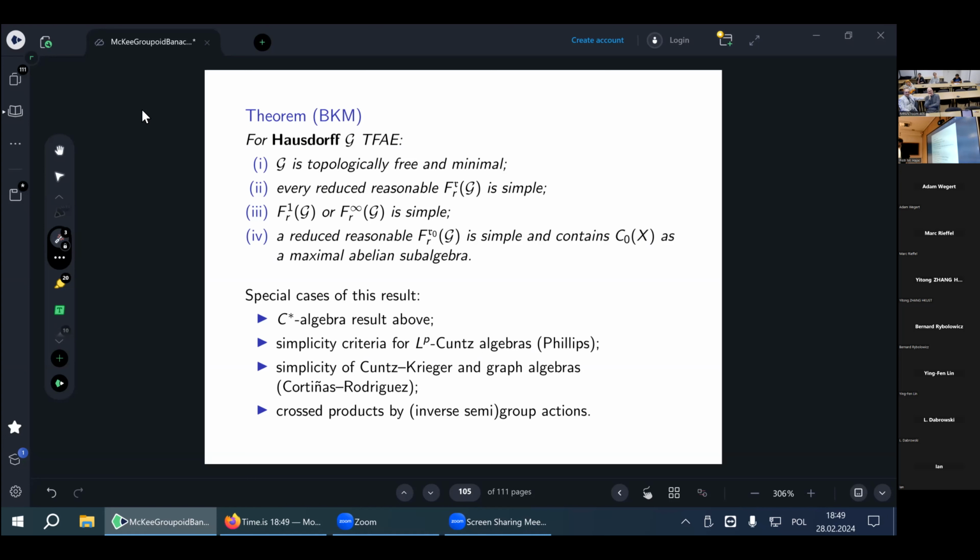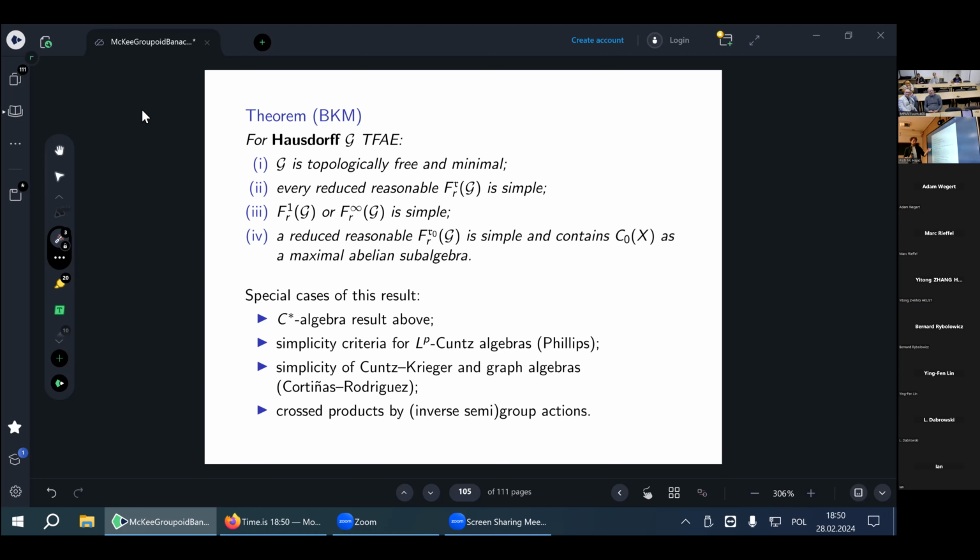Can you check this property knowing something about your groupoids? Which property? First of all, that this algebra exists for all possible representations. Yeah. And second, that it satisfies the existence of this Renault conditional expectation. It doesn't seem that reasonable.